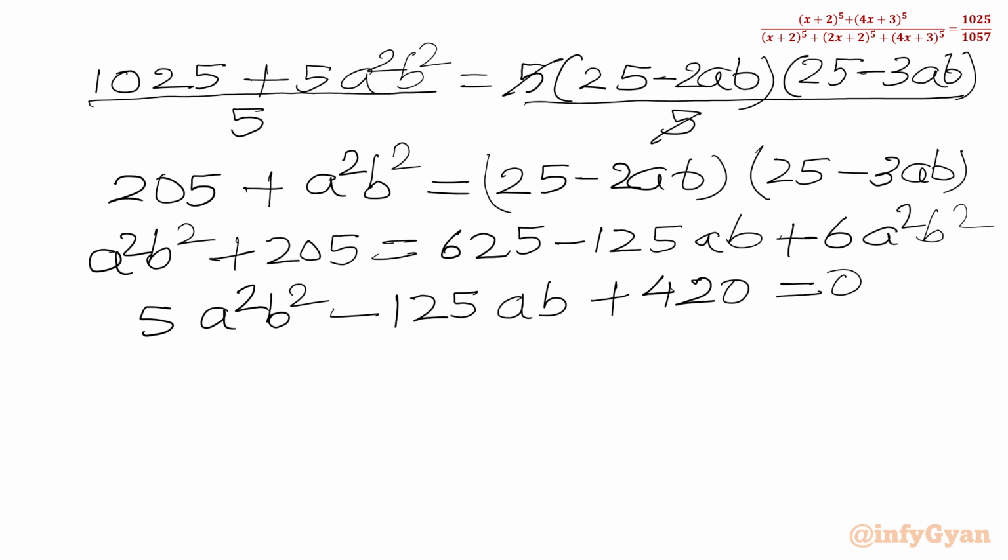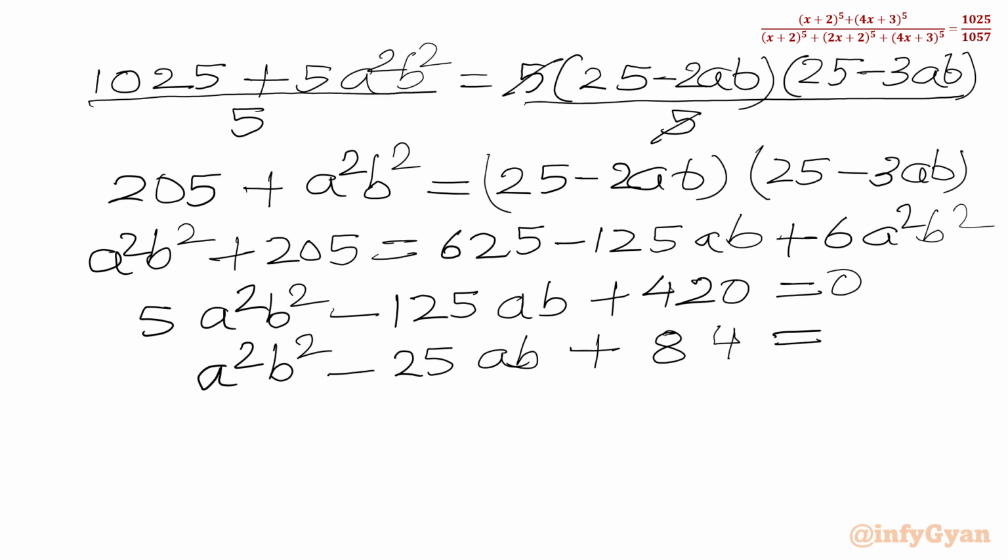Again equation is divisible by 5. We will divide both sides by 5 and get a square b square minus 25 ab plus 420 over 5 will be 84 equal to 0. Now 21 times 4 is 84 and 21 plus 4 is 25.